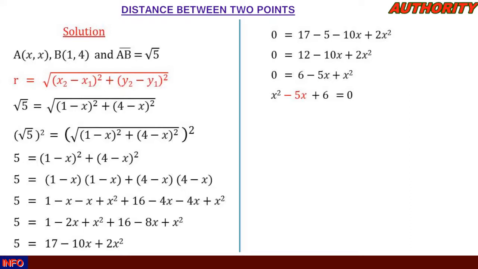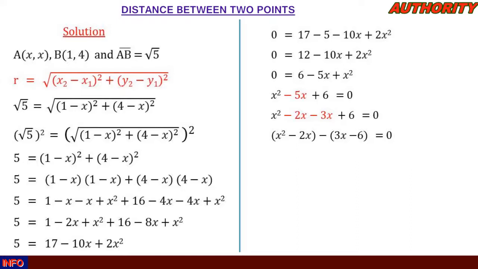Now we have x squared minus 2x minus 3x plus 6 equal to 0. Let's group this two by two: (x squared minus 2x) minus (3x minus 6) equal to 0.